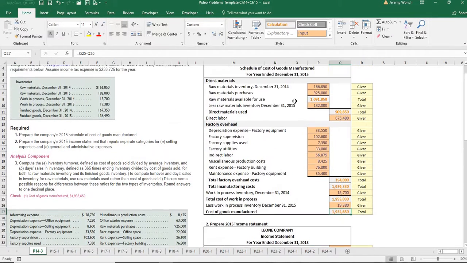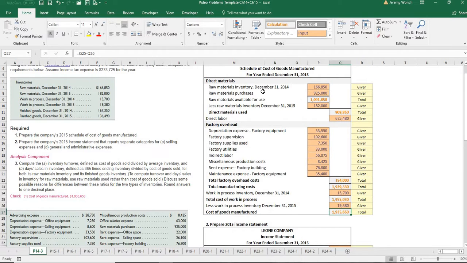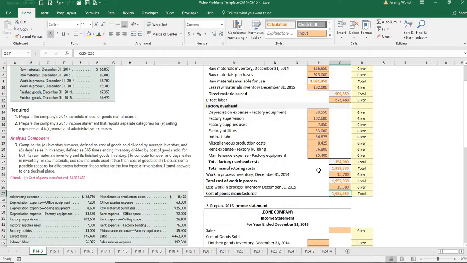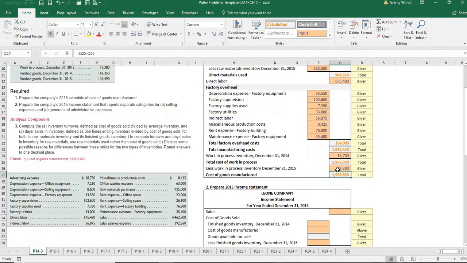So even though we spent all this money on raw materials and overhead and labor, some of that we didn't actually finish the product. It was still sitting there, so we have to take that out. And so that gives us a total cost of the goods that we manufactured during the month of $1,935,650. And so they give us a nice little check figure over here. And so that matches, so we got it right.